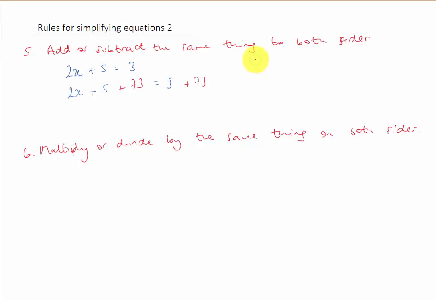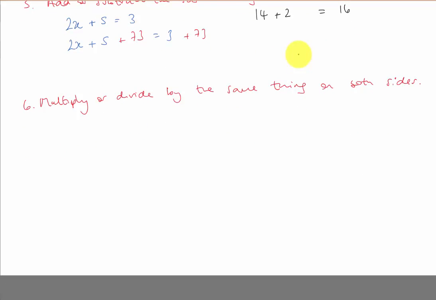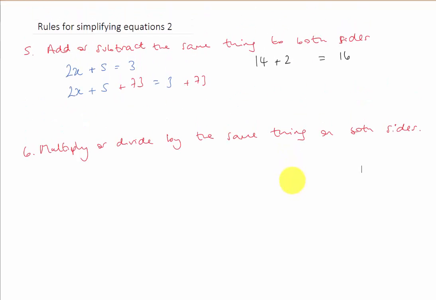How about if we've got 14 plus 2 is equal to 16, and if we say 14 plus 2 minus 5 is equal to 16 minus 5. Let's add all those up. That's 16 minus 5, so that would be 11. It's equal to 16 minus 5, 11. And that would be true for any number we wanted.